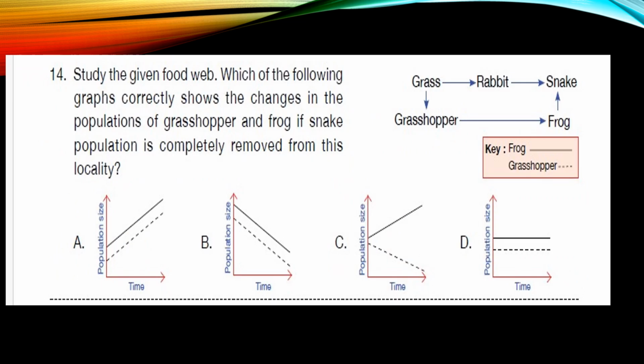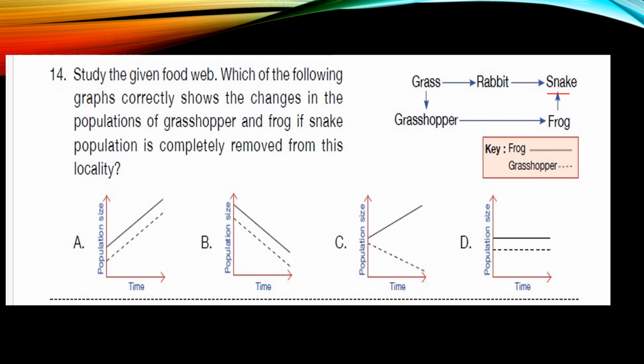Question number 14. Study the given food web. Which of the following graphs correctly shows the changes in the population of grasshopper and frog if snake population is completely removed from this locality? Here is snake.